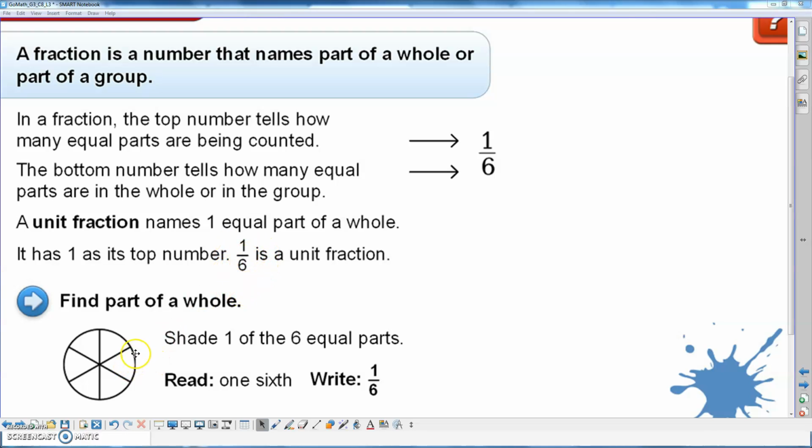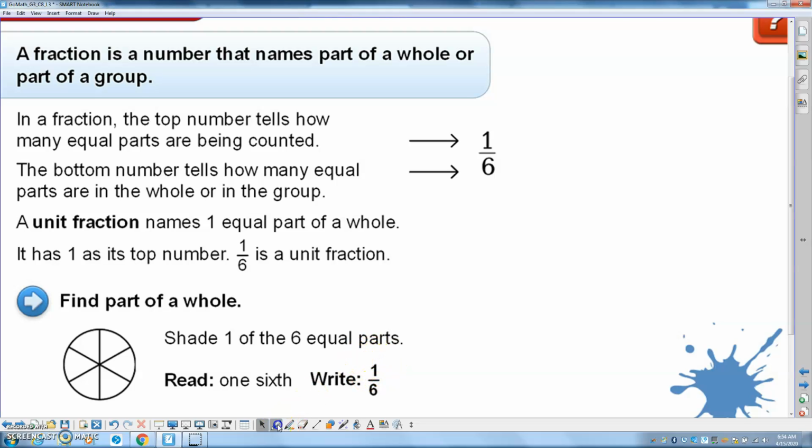So here's our whole. We have 1, 2, 3, 4, 5, 6 parts that make up our whole. But we're only talking about one piece out of that whole. That top number tells us how many pieces we're talking about. So I'm going to go ahead and shade one of these pieces.